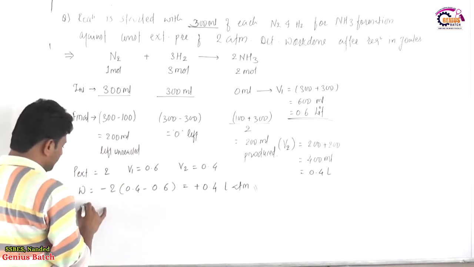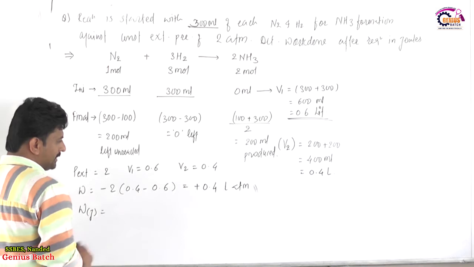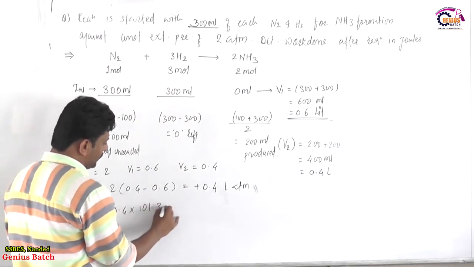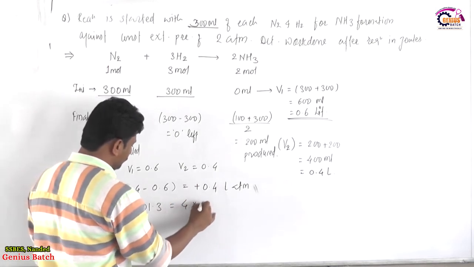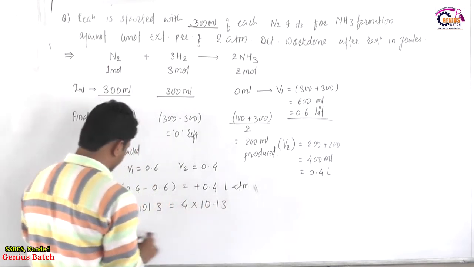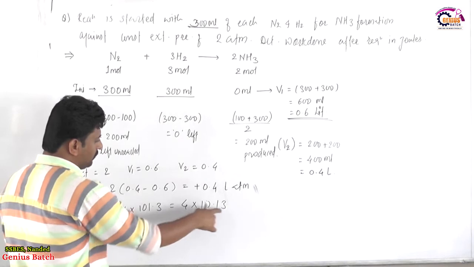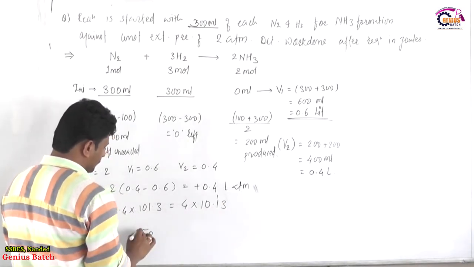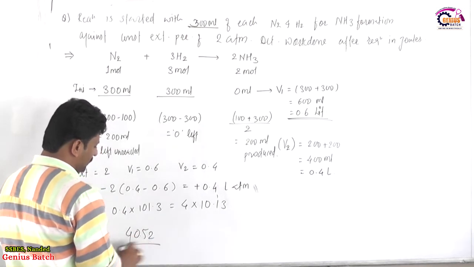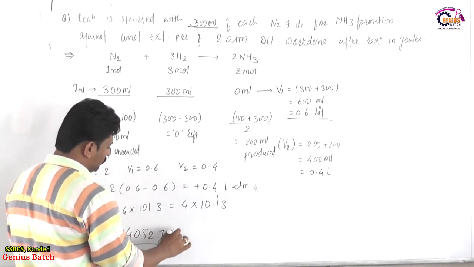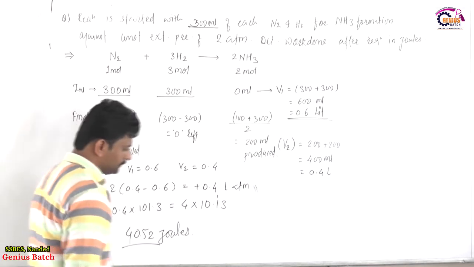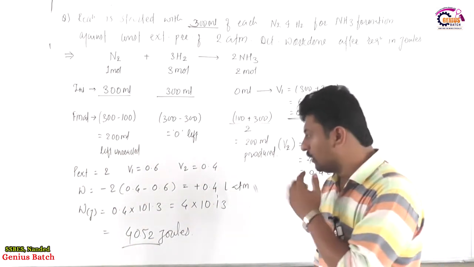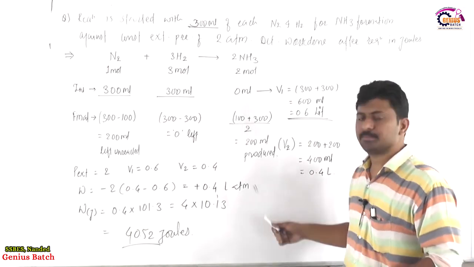Now work done in joules is equal to 0.4 into 101.3. On further solving it is 4 into 10.13, and further it becomes 40.52 joules. This is the magnitude of work done in this process.